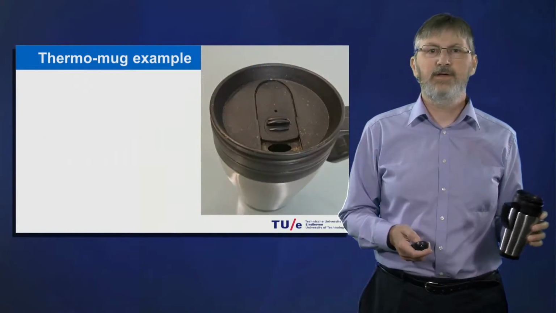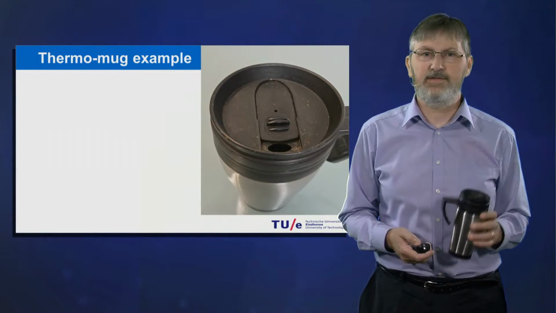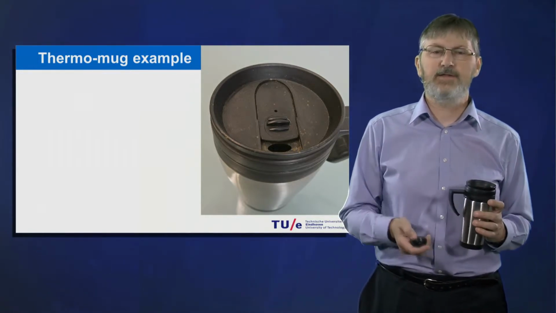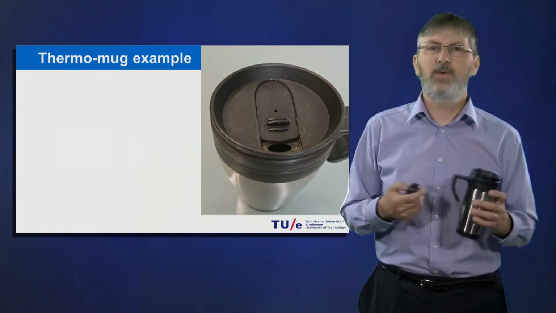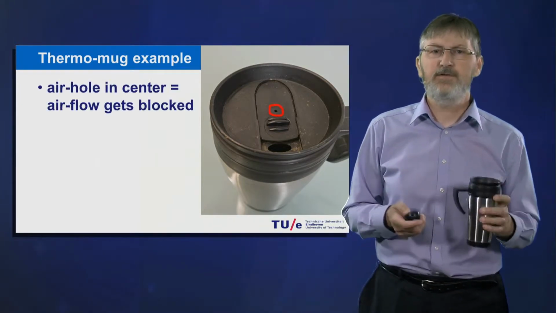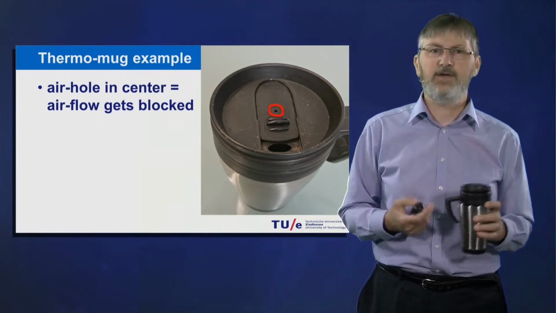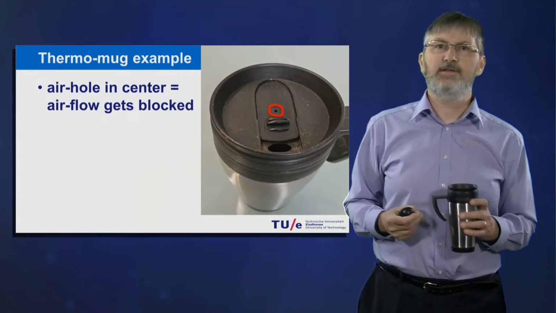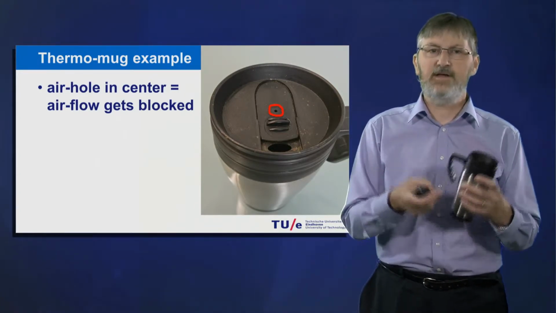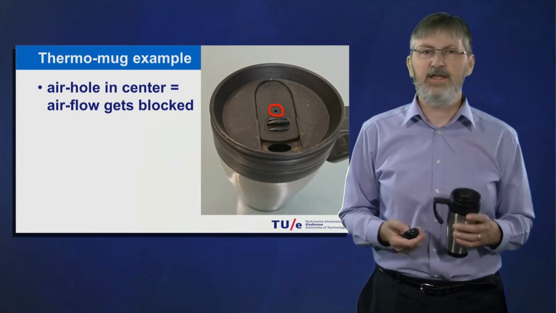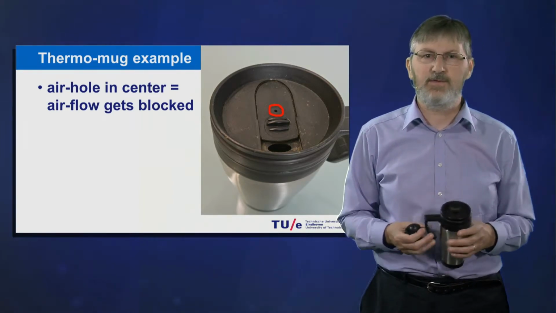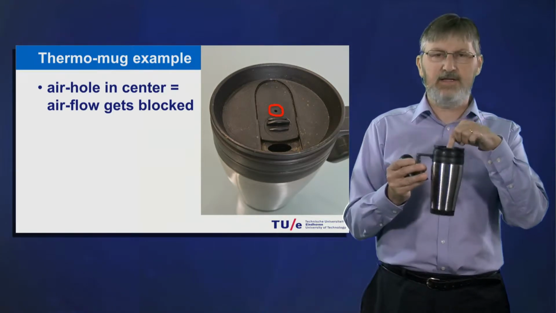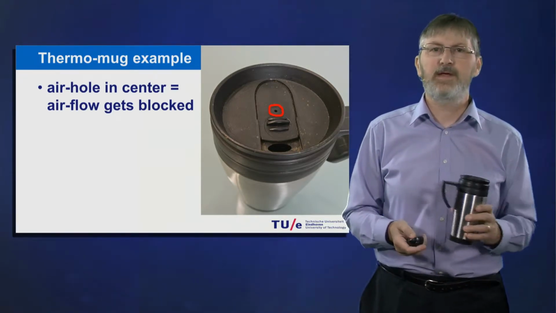This mug, and we specifically look at the lid, of course, has an opening at the bottom of the lid where the coffee flows out, and in order for this flow of liquid to go smoothly, air needs to go inside the mug. For that, an air hole has been created, and if you look carefully when I try to drink, you will see that the tip of my nose was exactly where the hole was placed.